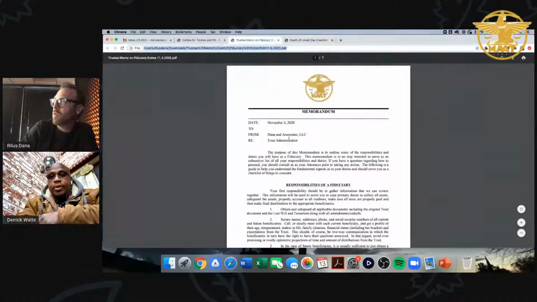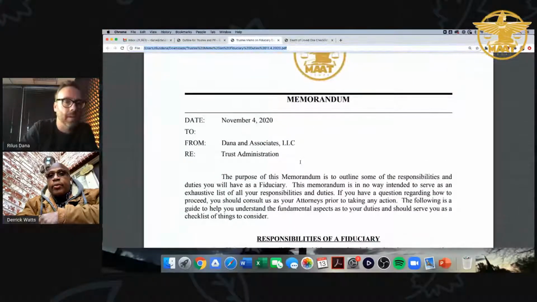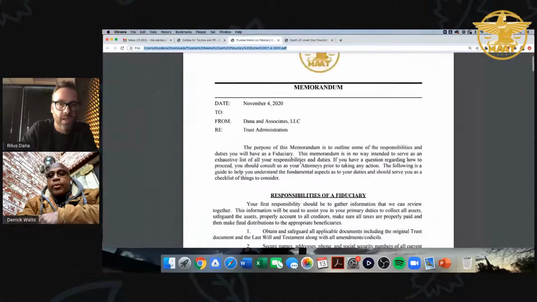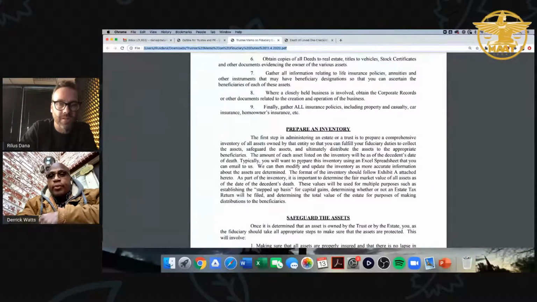And then this longer piece is a memo on fiduciary duty. It goes into more detail on how to administer an estate, and the things the person in charge should be doing. For my legal clients, when people hire my law firm to represent them as the trustee or personal representative, I give them some version of this.